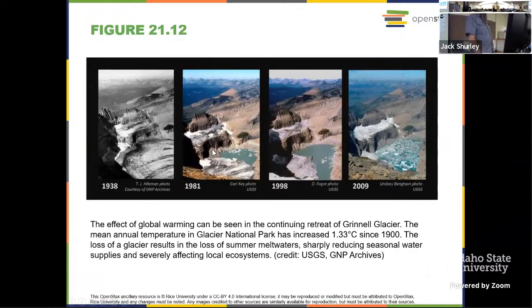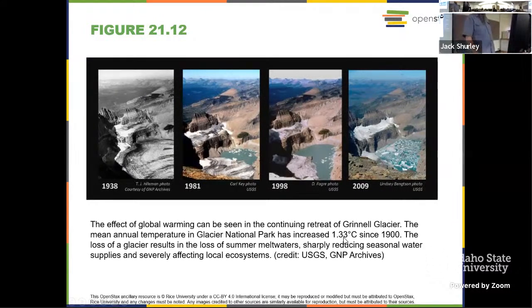In 1981, you can still see the glacier and a big chunk of it right here, but a lake starting to form. As we progress, considerably more of that melting and receding away. And we're seeing this in all sorts of areas, polar caps that are receding dramatically. And NASA has some pretty disturbing images that show this occurring.